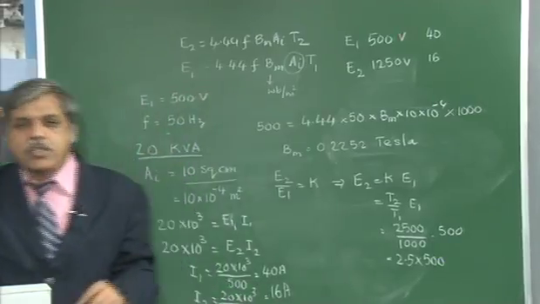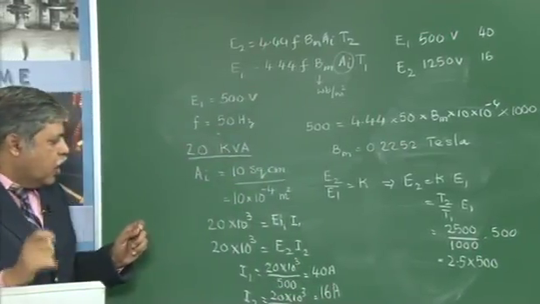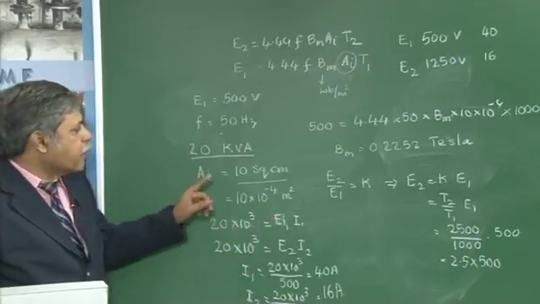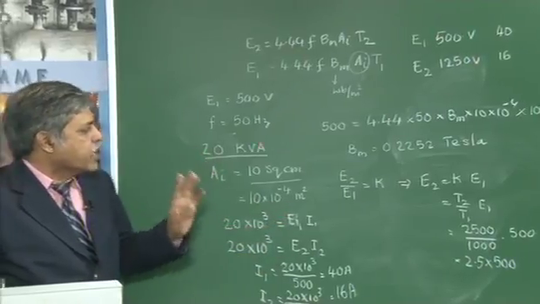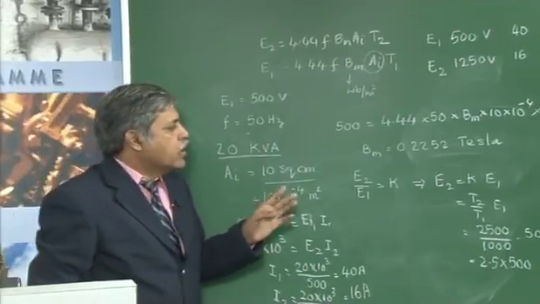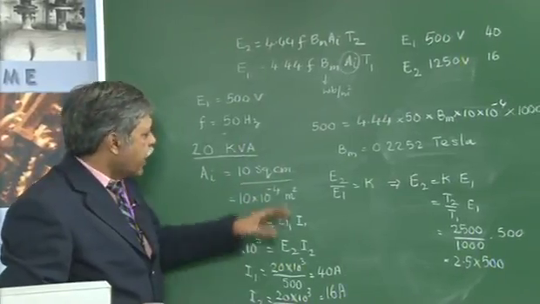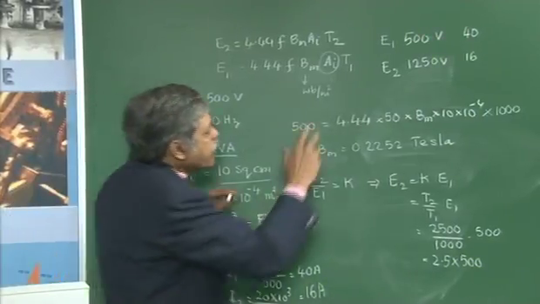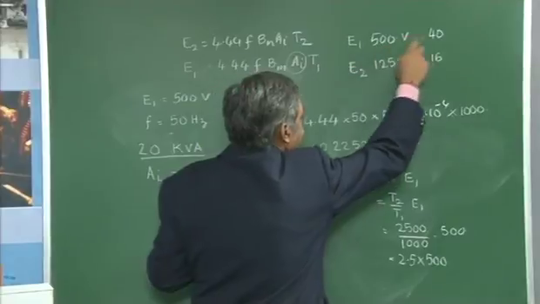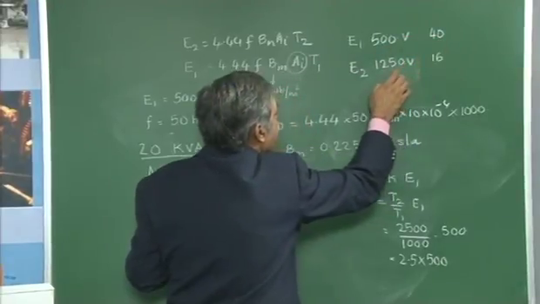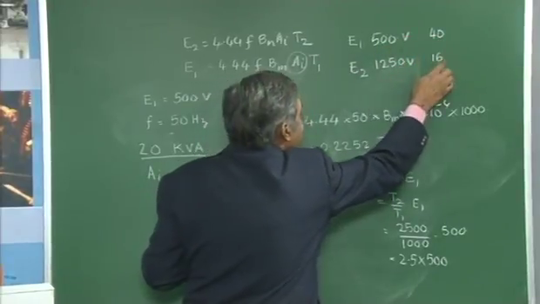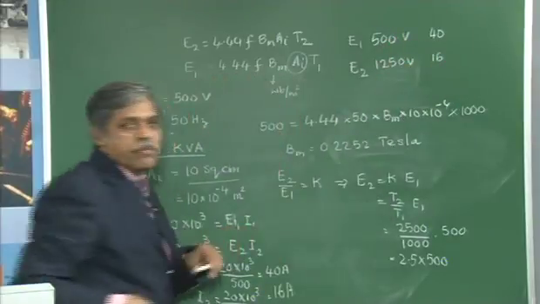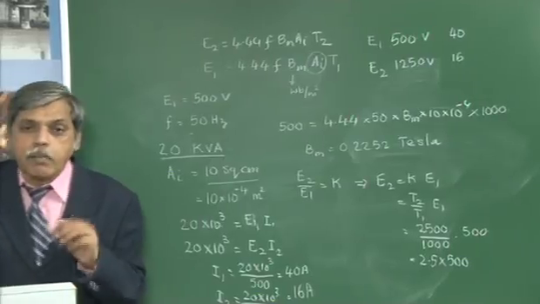This difference is to match the volt ampere rating in the transformer. Always the primary volt amperes, the product of voltage and current, should be equal to the secondary volt amperes, the secondary voltage multiplied by secondary current. To have this balance, whichever winding carries lower voltage carries more current, and the winding with larger voltage carries smaller current. Small voltage, large current; large voltage, small current. So this you have to remember.